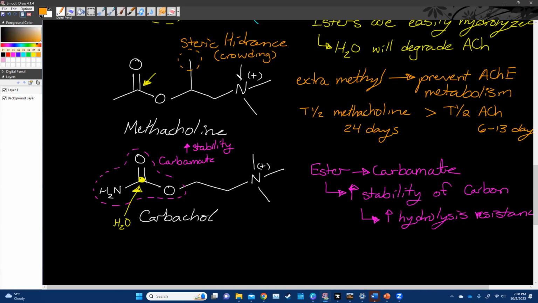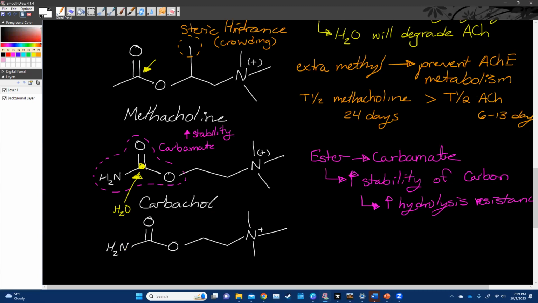Oop, this has an N in it. Steric hindrance. So ultimately, what this means is we need to combine the two of them and create the drug bethanechol.